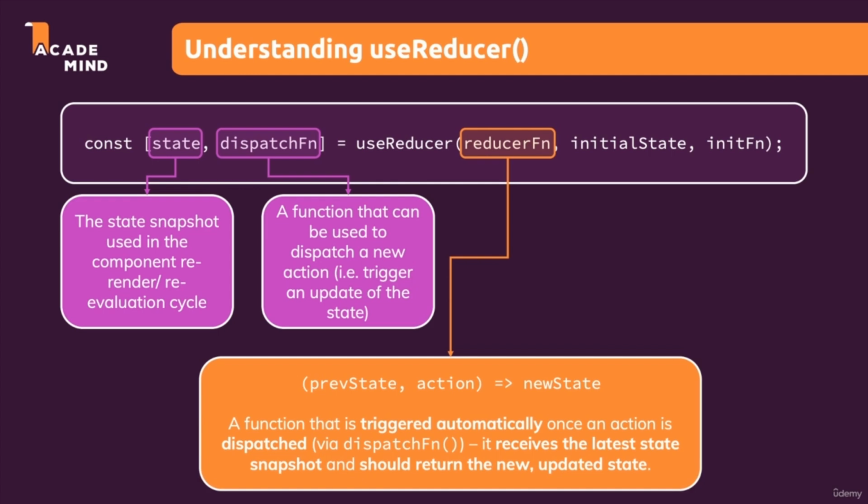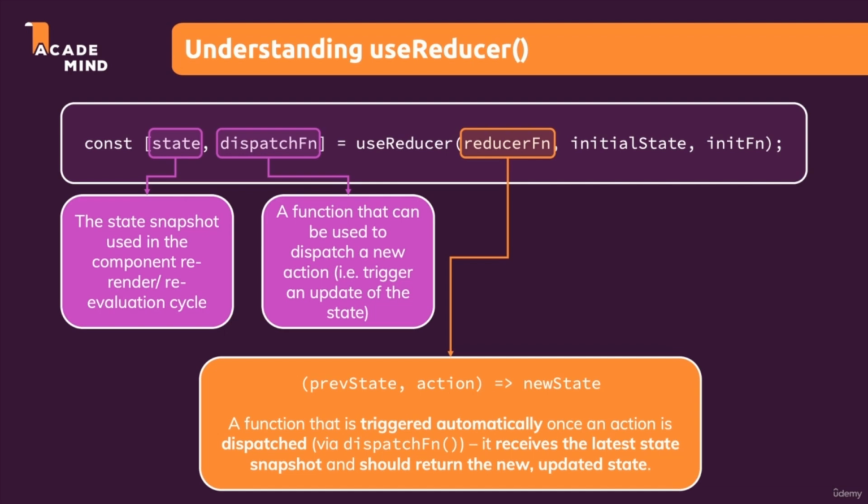So this is a function which gets the latest state snapshot automatically, because this function will be called by React, and it gets the action that was dispatched, because React will call this reducer function whenever a new action is dispatched. So then it gets the last state snapshot managed by React, and it gets the action that was dispatched that triggered this reducer function execution.